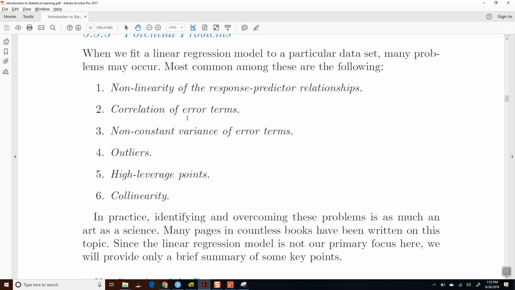You want the errors to be purely random, with no additional pattern that you can see. And outliers and high leverage points can strongly influence your estimates, so watch out for that.